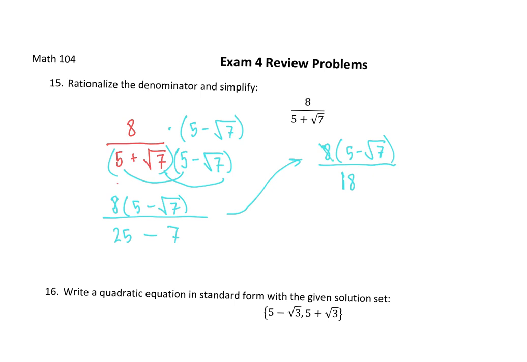So 8 goes into 18, let's see, that's a common factor of 2, so that's 4 over 9. So you can keep your answer as 4 times 5 minus the square root of 7 over 9, having that reduced. If you want to, you can also write your answer 20 minus 4 square roots of 7 all over 9. Okay.